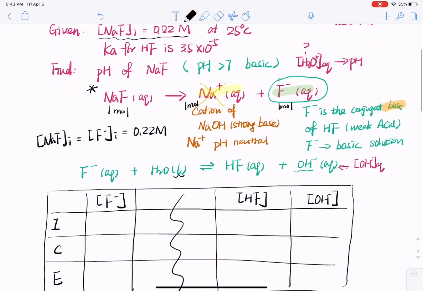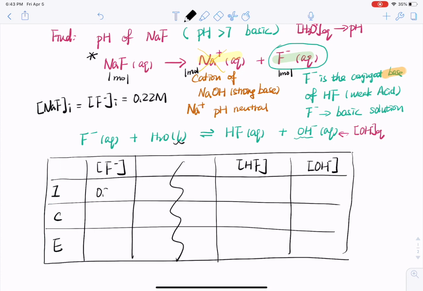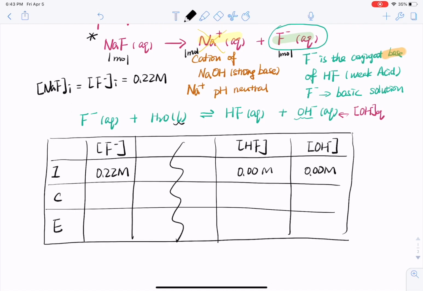Now we're gonna put that value into our initial row. So this will be the initial concentration of fluoride, and the other two are 0. We don't have anything other than the fluoride and sodium ion. Sodium ion is not gonna affect, so it's not included in our consideration. Now what's the change? Again, by now you know it inside out.